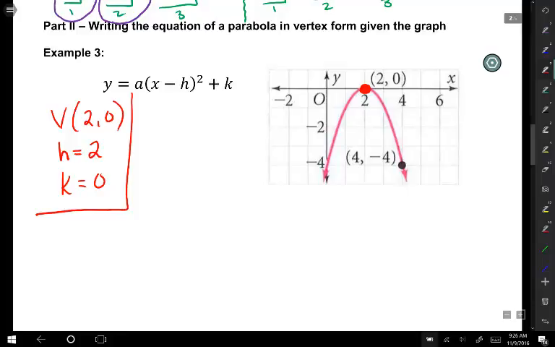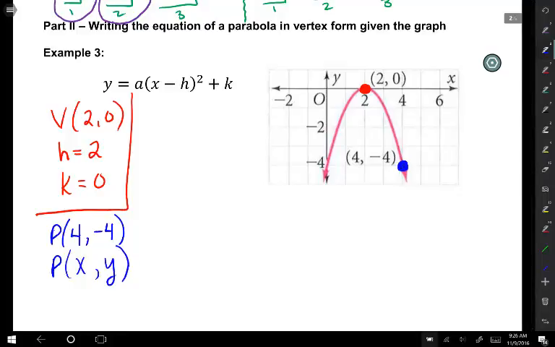Yes. Okay. Now, I also have another key point here that I'm going to make a blue dot. I have the point (4, -4). Would you agree that this point has coordinates x, comma, y? So let's watch.